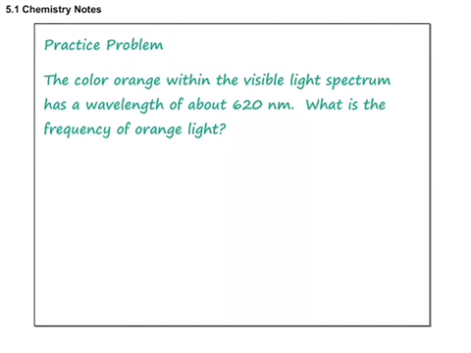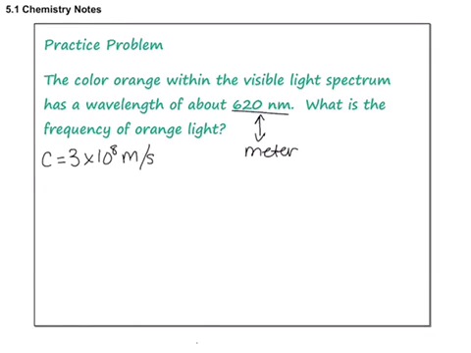So we've done some problems before with this formula, but we'll just practice another quick one here. The color orange within the visible spectrum has a wavelength of 620 nanometers. What is the frequency of the orange light? Whenever we do these problems, because the speed of light is in the unit meters per second, we have to get all of these wavelengths converted into meters before we can do any work with the formula.